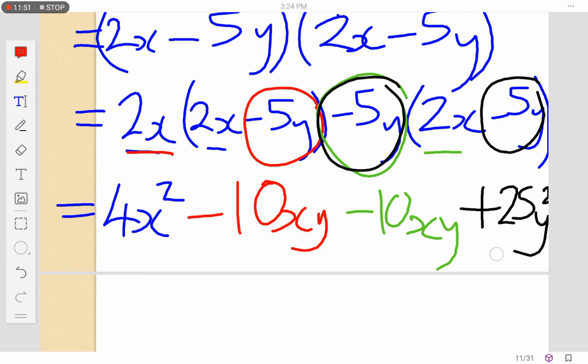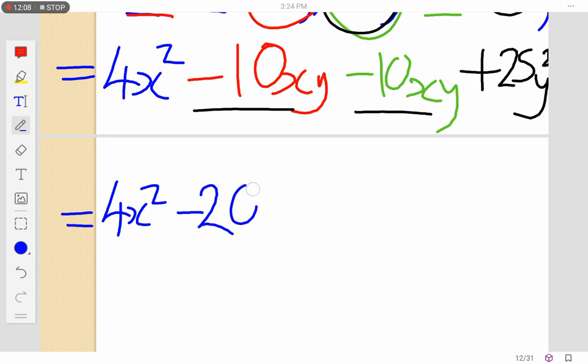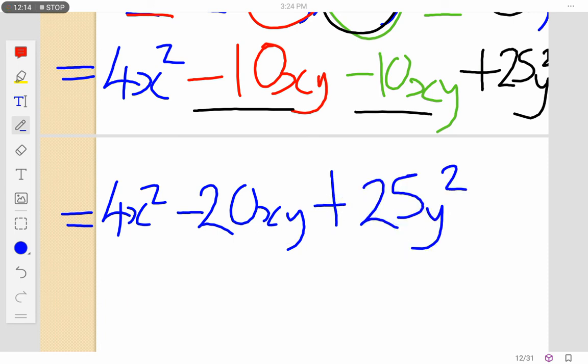Now because I've got 10xy here and 10xy there, we can add them together. I'll have 4x squared minus 10xy minus 10xy is minus 20xy. Then I've got plus 25y squared. So this becomes our final solution there.